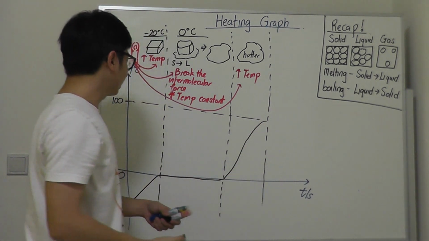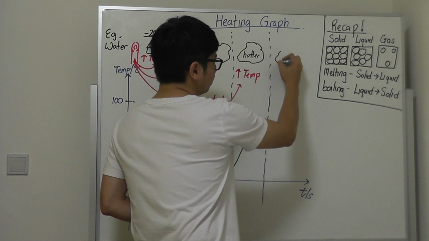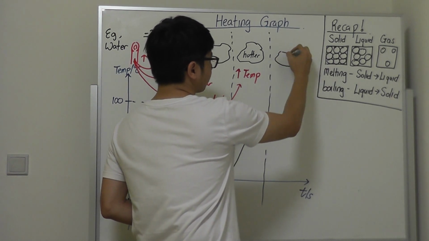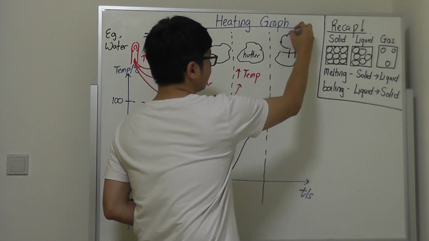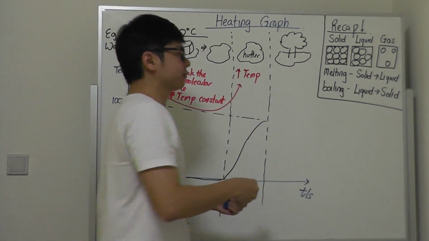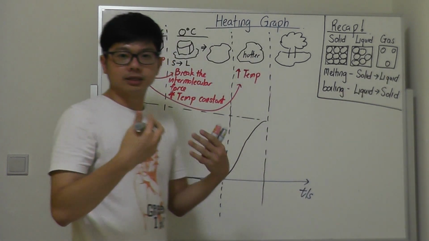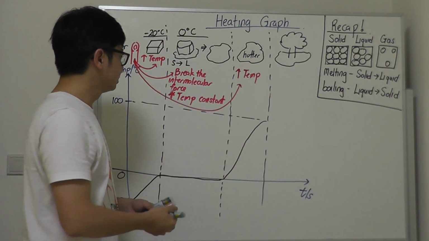So at 100 degrees Celsius, the water will undergo boiling to become steam. So to change from liquid to gas, again we have to break the intermolecular force.